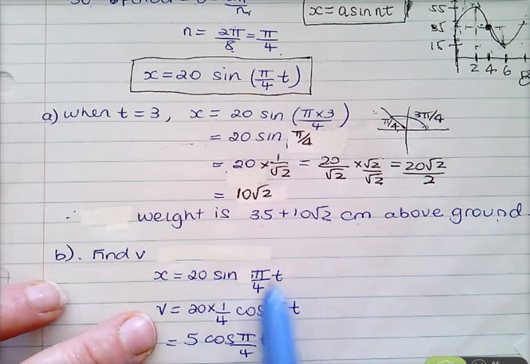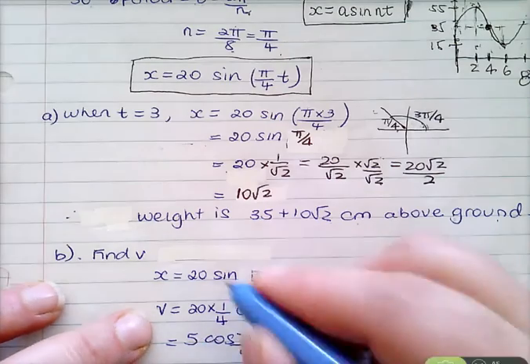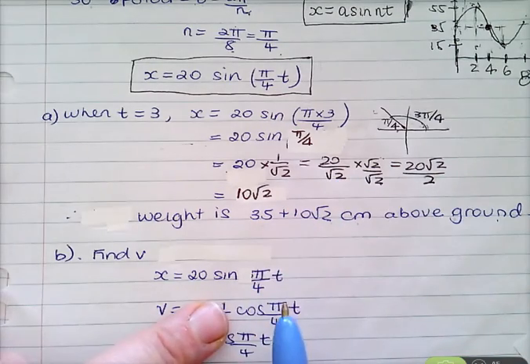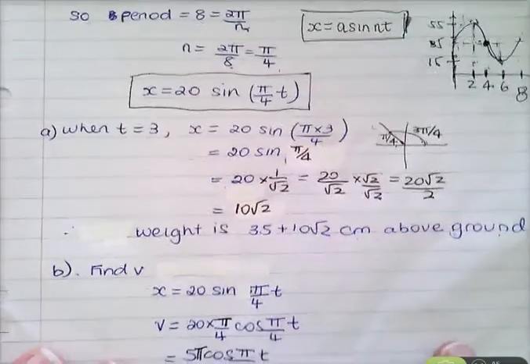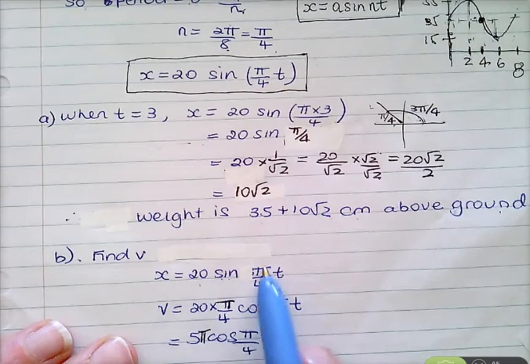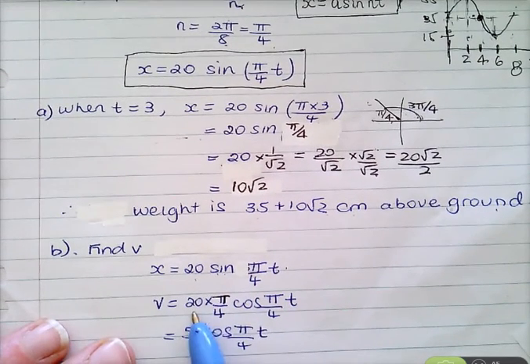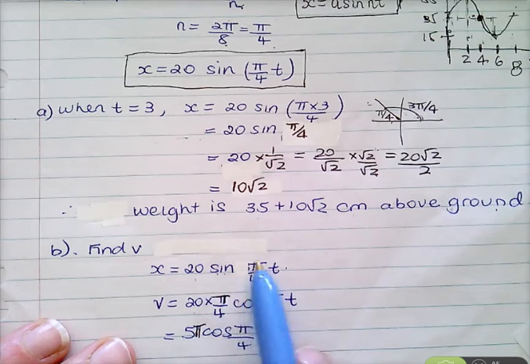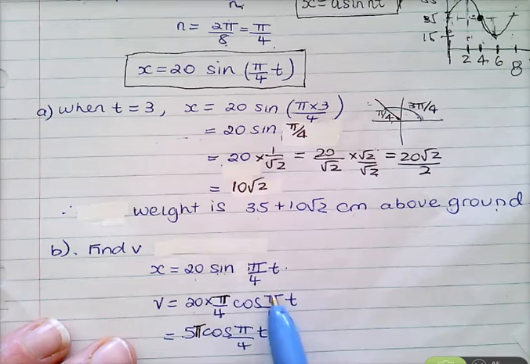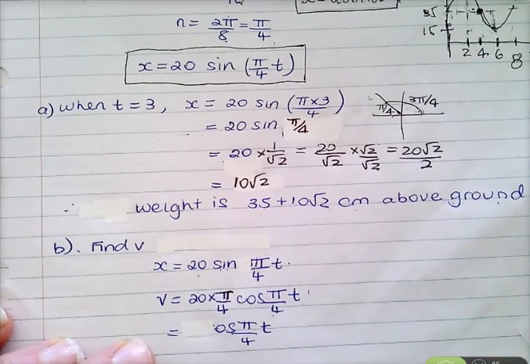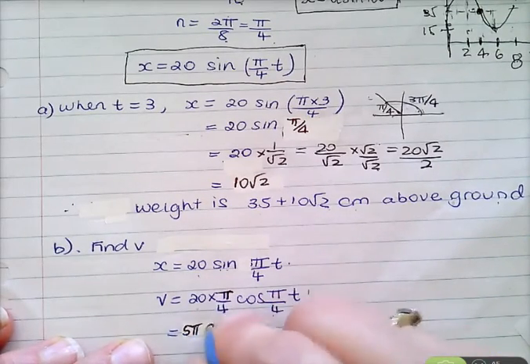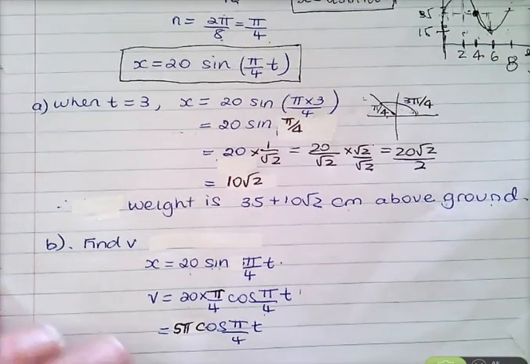So velocity is the derivative of that. Velocity is 20 times, we need to differentiate sine pi on 4t, and we get pi on 4 cos pi on 4t, so that gives us 20 times pi on 4, which is 5 pi cos pi on 4t.